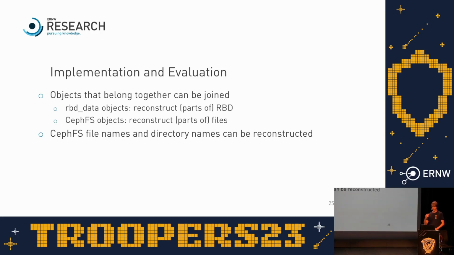Maybe you find an object that represents a file, and this file's metadata contains the names of the parent directories, so you are able to tell that there should be somewhere a directory called ERNW. You just don't see the content, but you know that you see a file that was stored in that directory.